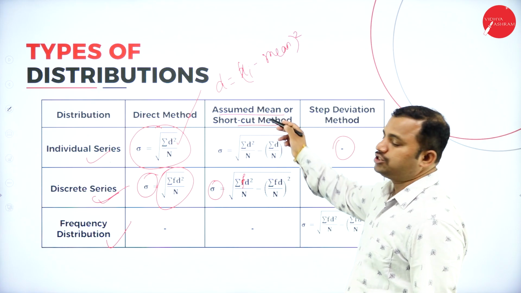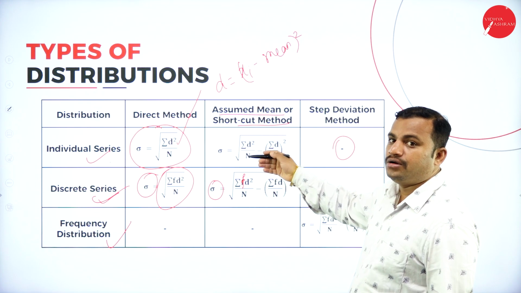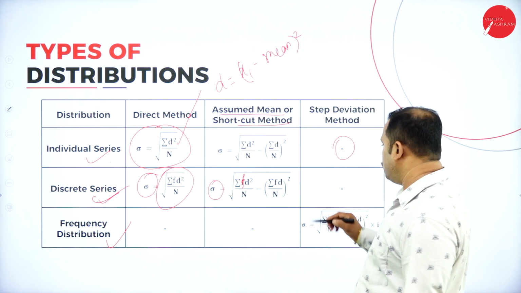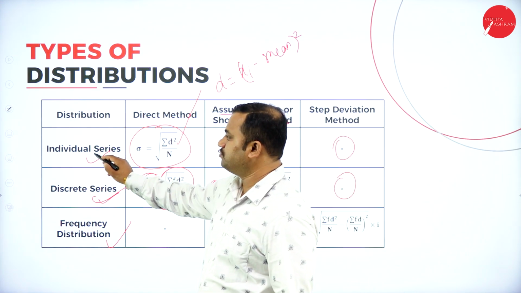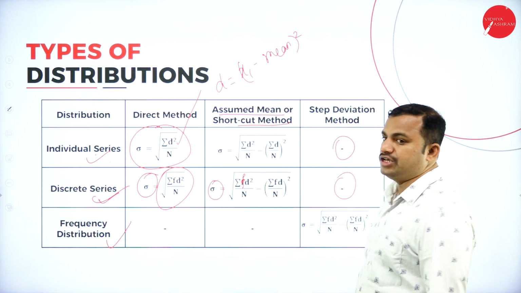That gives me the standard deviation by the shortcut method in case of discrete series. Again, we do not have any step deviation method in case of discrete series. That is, for both individual series and discrete series, we will not find the step deviations.